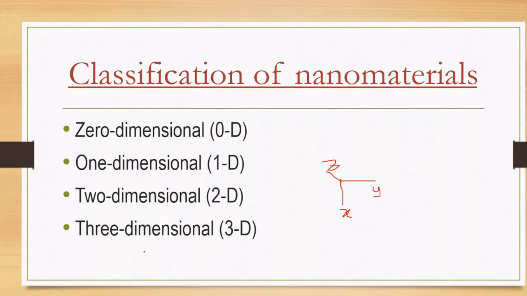Last one, 3-dimensional, 3D. If all these three dimensions are on macro scale and no dimensions are on nanoscale, we call it 3-dimensional or 3D.